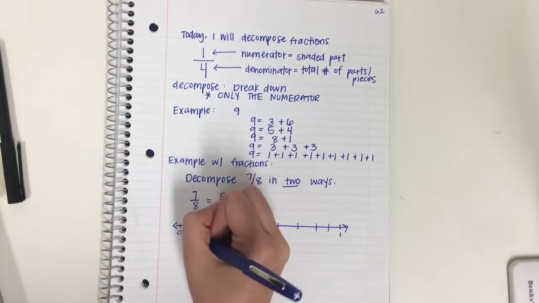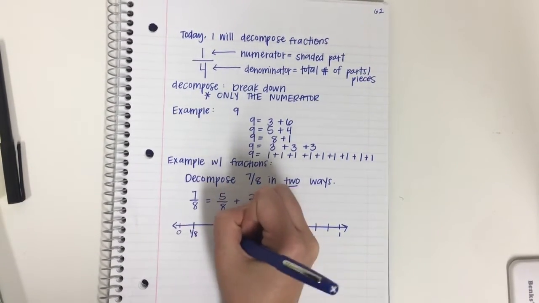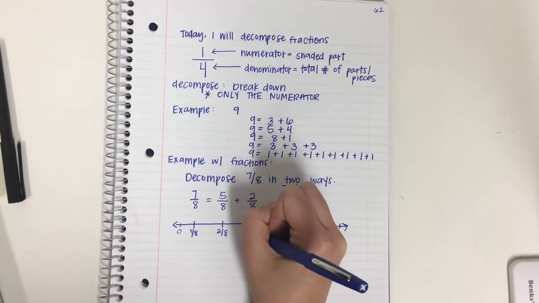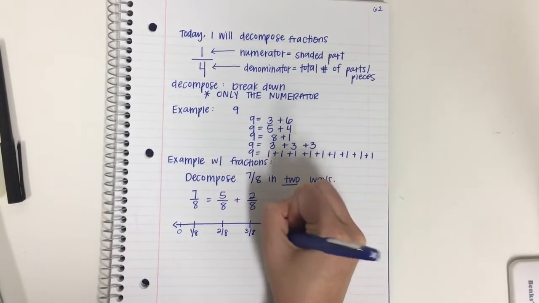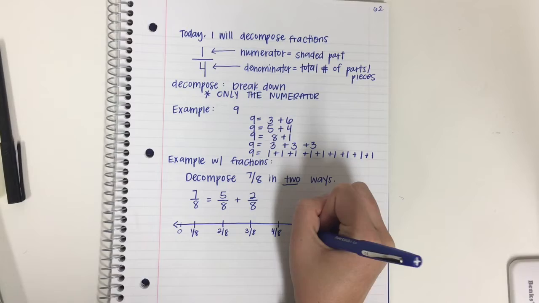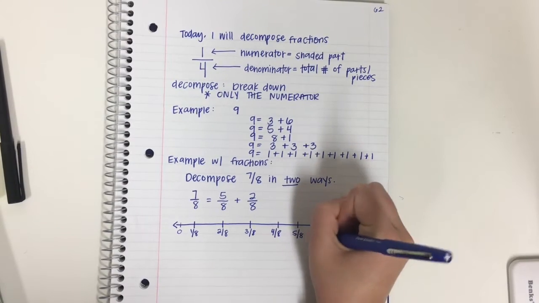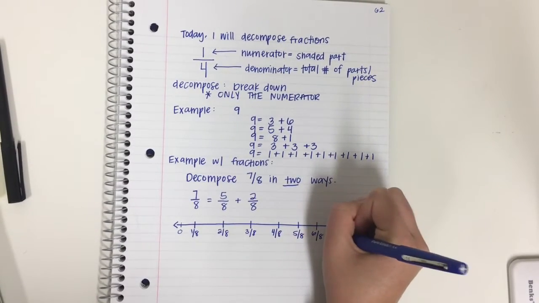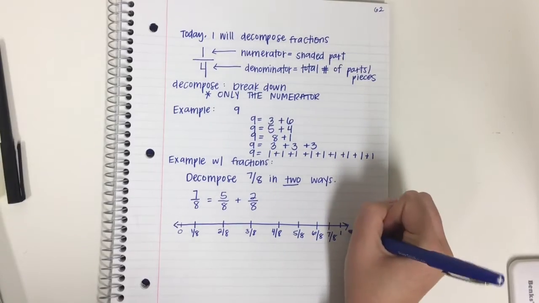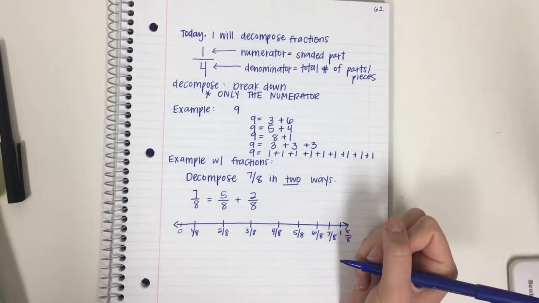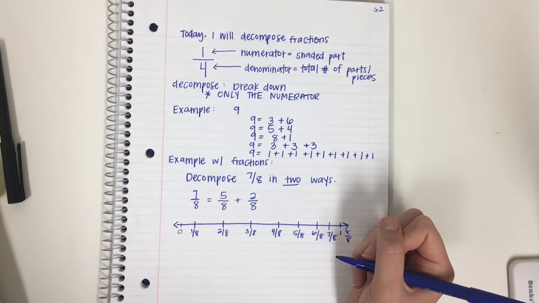Okay, so I have 1/8, 2/8, 3, 4, 5, 6, 7, and then my 8/8 is over here. Okay, so now I need to show it.